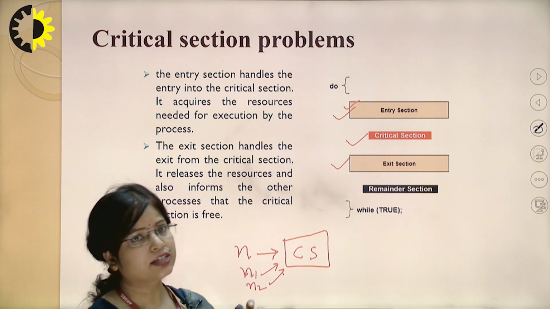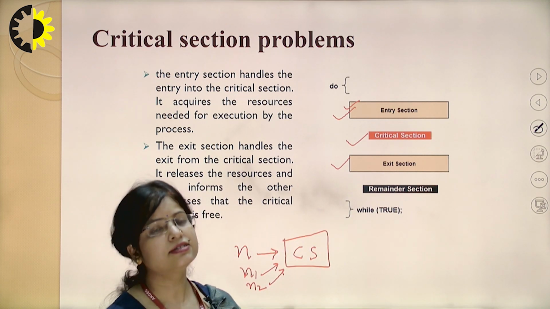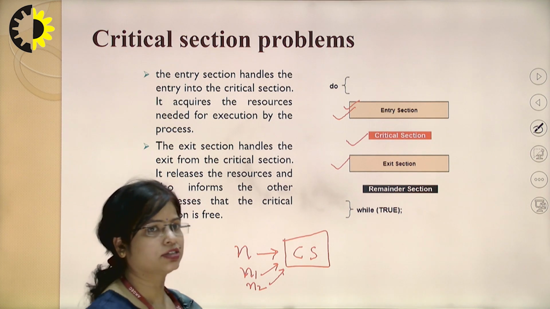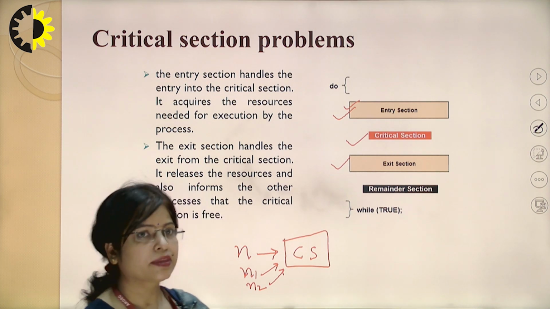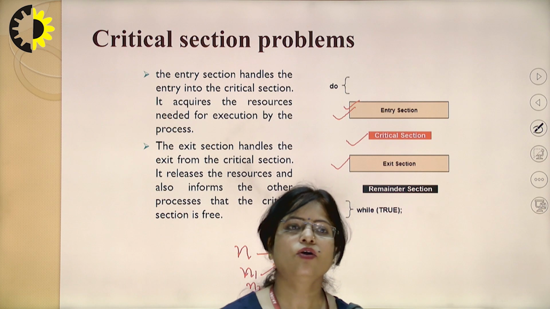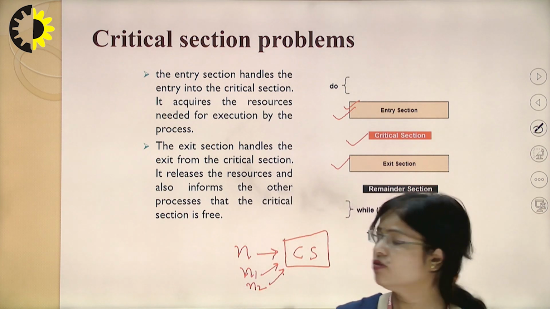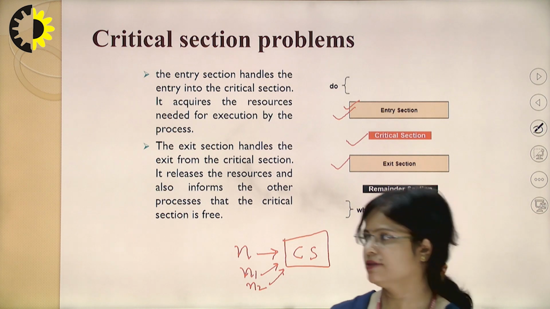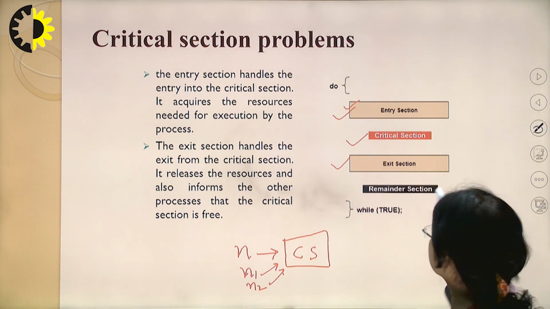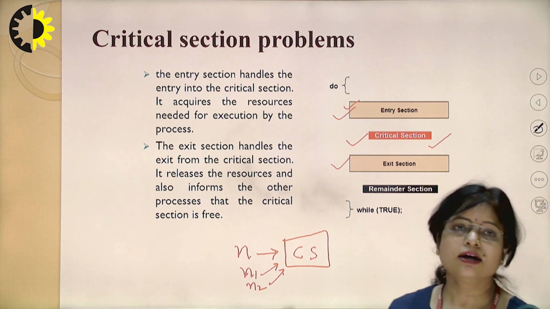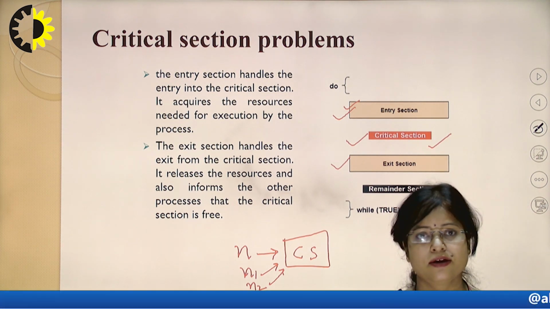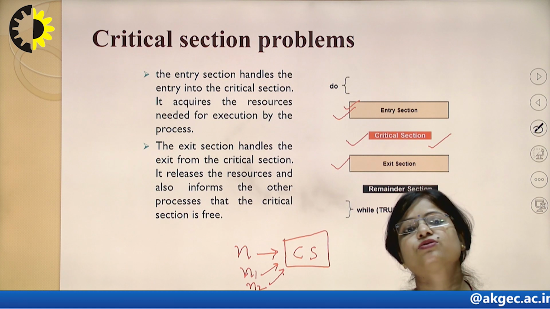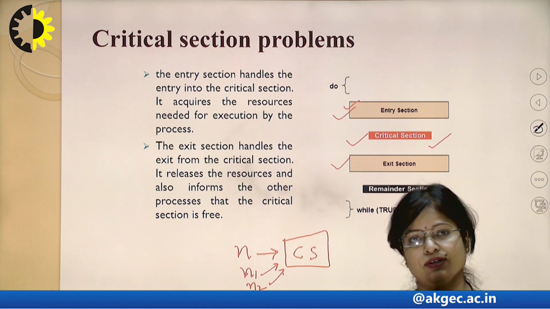The exit section handles the exit from the critical section. It releases the resources and also informs the other processes that the critical section is free. So the critical section is a part of code where some resources are shared.